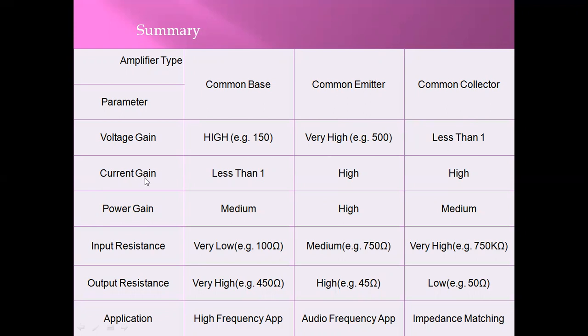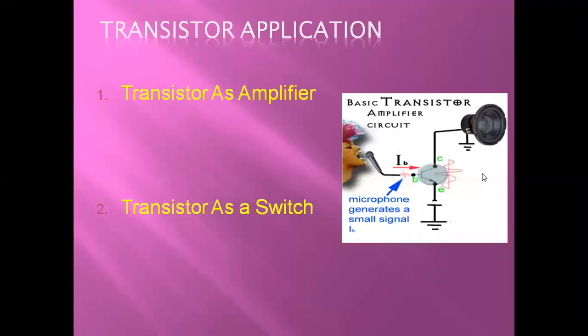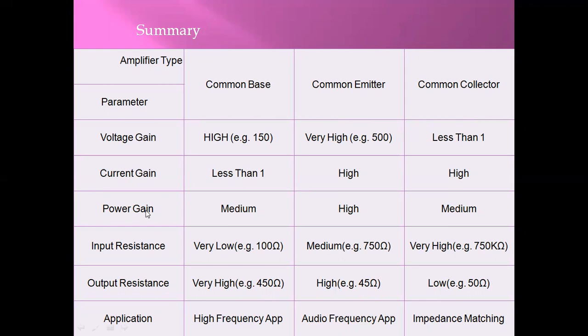Coming to the current gain parameter, in the case of common base it is less than 1, in the case of common emitter it is high, and in the common collector also it is high. Coming to the power gain, in the common base it is medium, common emitter it is high, and common collector it is medium.